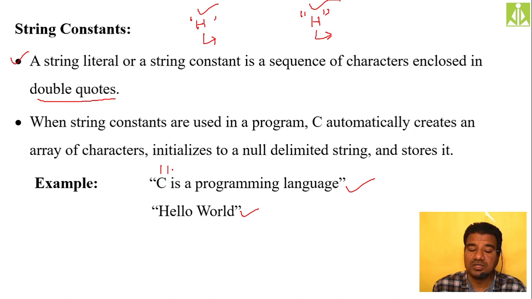So 1, 2, 3, 4, 5, 6, 7, 8, 9, 10, 11, 12, 13, 14, 15, 16, 17, 18, again space, 19, 20, 21, 22, 23, 24, 25, 26, 27, and the last character, the delimiter, 28.